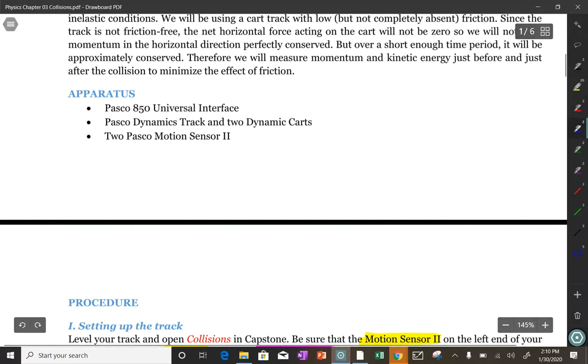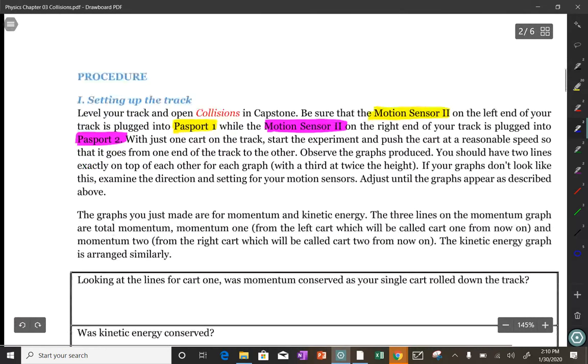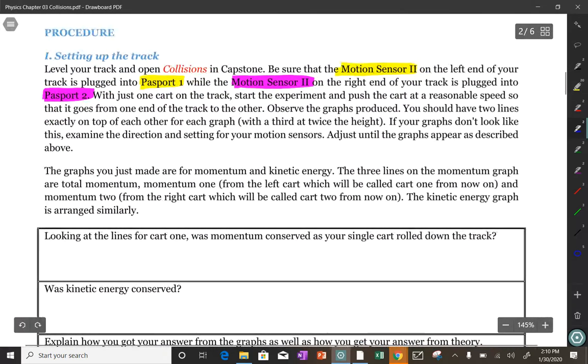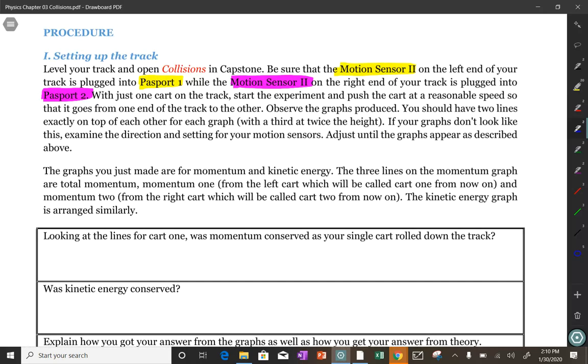So here's what we're going to do. First, you need your track set up. Now, Nathan and I set these up, but one thing we didn't do is pay attention to which sensor was which. So look at your system, and the motion sensor that is on the left end of your track. As you're looking at the track, your left.